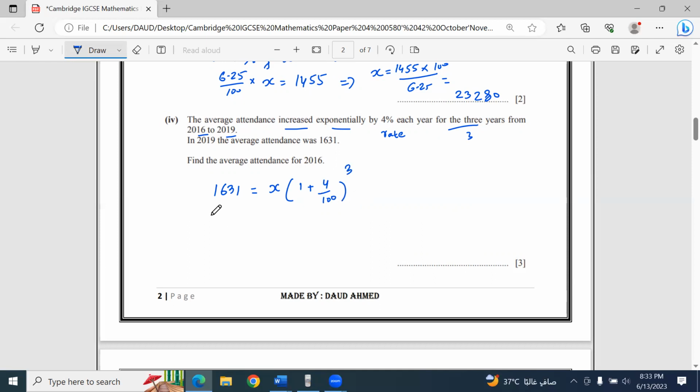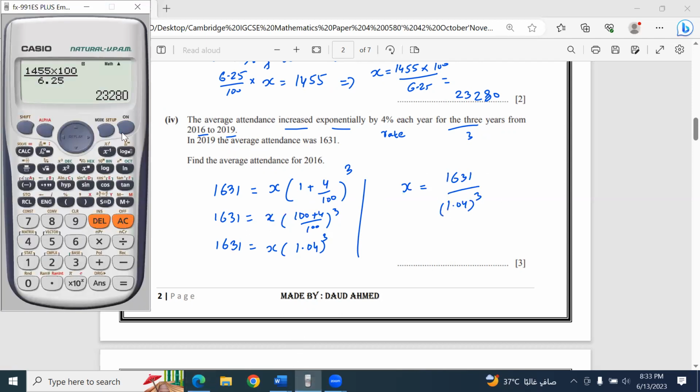After this, you can simplify: 1631 equals x times bracket open 100 plus 4 over 100 whole power 3. This gives me 1.04 whole power 3. And lastly, we are looking for x, the attendance in 2016, which equals 1631 divided by 1.04 whole power 3.